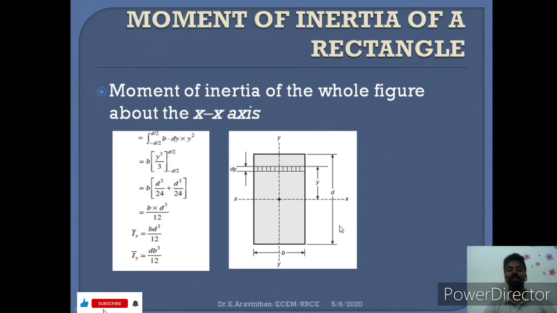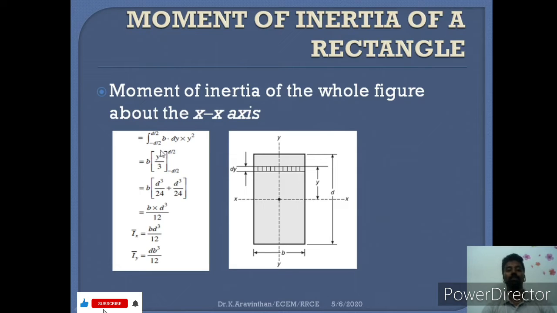We are having an overall distance of d. The centroid will act at d by 2 from the bottom. You have to know the centroid concept, then you will understand this. While discussing centroid, we found that the centroid acts exactly at d by 2 of a section. So the distance from the bottom to the centroid of xx is d by 2, and from the centroid to the top is also d by 2.